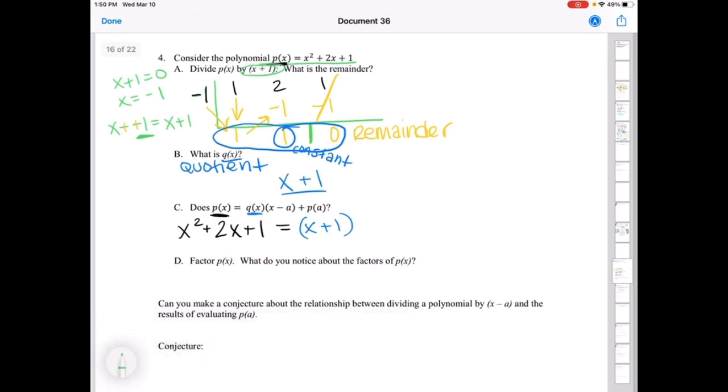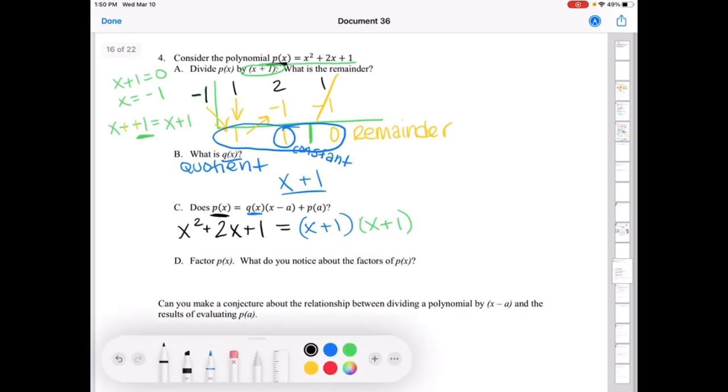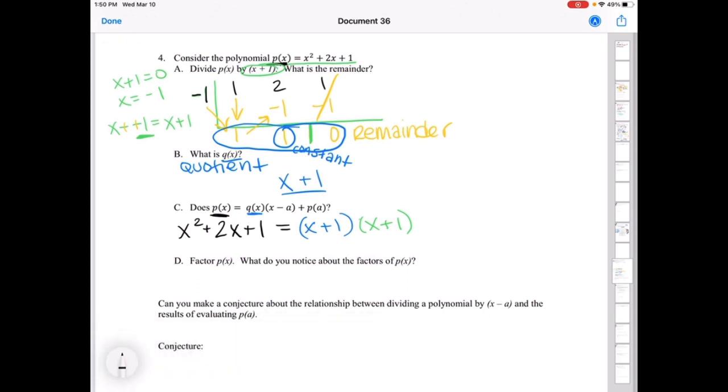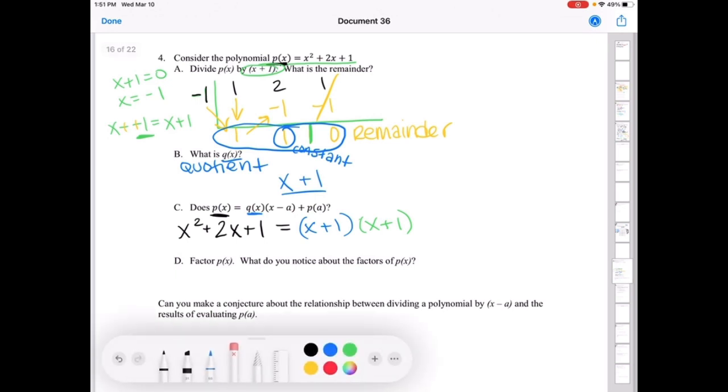We have x plus 1 as a divisor. And plus p of a, which is the remainder.